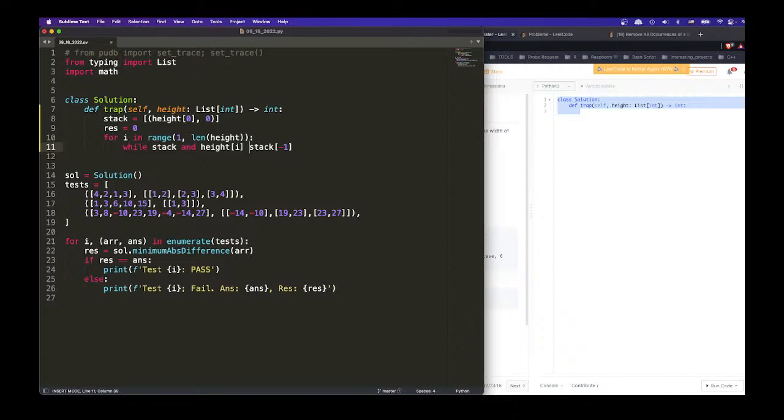If it's larger than this, we'll pop until I become smaller. So it's not a monotonic increasing. It's monotonic decreasing. Yeah, it's a monotonic decreasing array. My bad. So if this is larger or equal to, then we pop it out, and we can find the distance, the difference between these two.